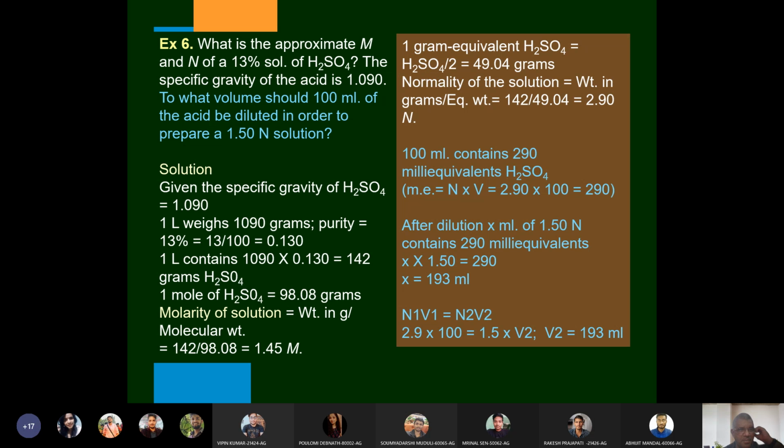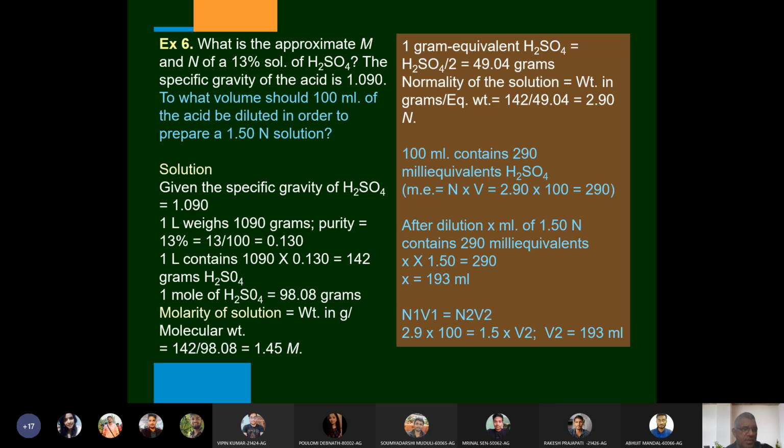Next example is, what is the approximate molarity and normality of a 13% solution of sulfuric acid? The specific gravity of the acid is 1.090, and the next part is, to what volume should 100 ml of the acid be diluted in order to prepare a 1.5 normal solution?